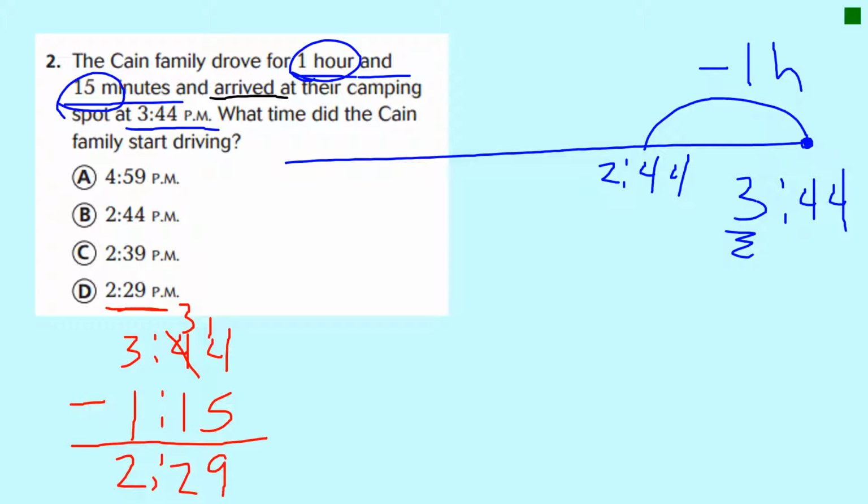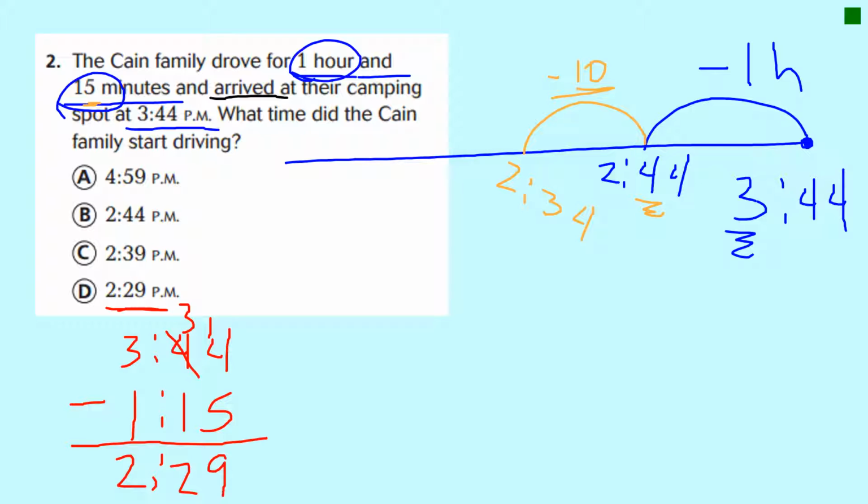I'm going to break that apart into 10 minutes and maybe 5. So minus 10 before is 2:34, right? We took a set of 10 minutes away. And then 5 more minutes, right? 10 plus 5 is 15. So 5 minutes backwards. 2:34, okay.